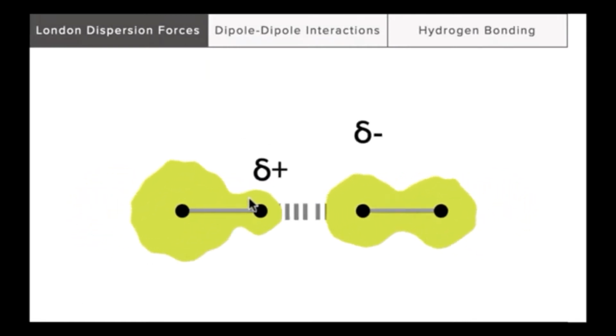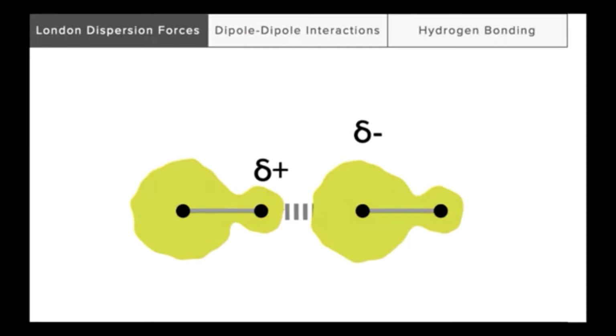Notice that this one happens to have fewer electrons, and this one happens to have a greater electron cloud around it just because of how electrons move around randomly. That's going to cause this to have a partial positive charge. And as this has a partial positive charge, it's going to cause the electrons in this molecule that are evenly distributed to move towards this side, creating a partial negative charge here.